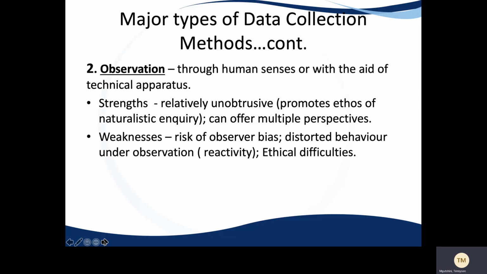Of course, one of the other things with observation is it can give multiple perspectives, because you observe things from different angles with different background understandings of what's going on. The weakness is that with observation, there's a risk of observer bias.